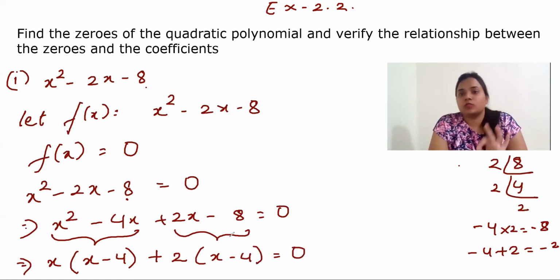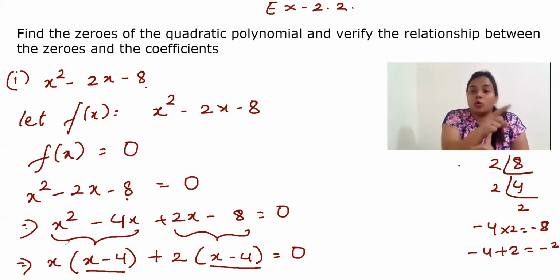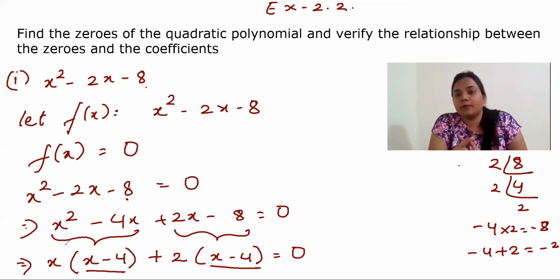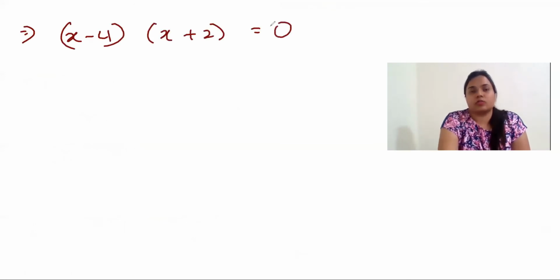The best way to check that you have got the factors correct is that the terms inside the bracket should come the same. If it is not the same, go back to the previous step and check where you have done wrong. It might be possible that you have not written the factors correctly. Okay, let's move ahead. X minus 4 is common, and then I will be left with x plus 2, that is equal to 0.